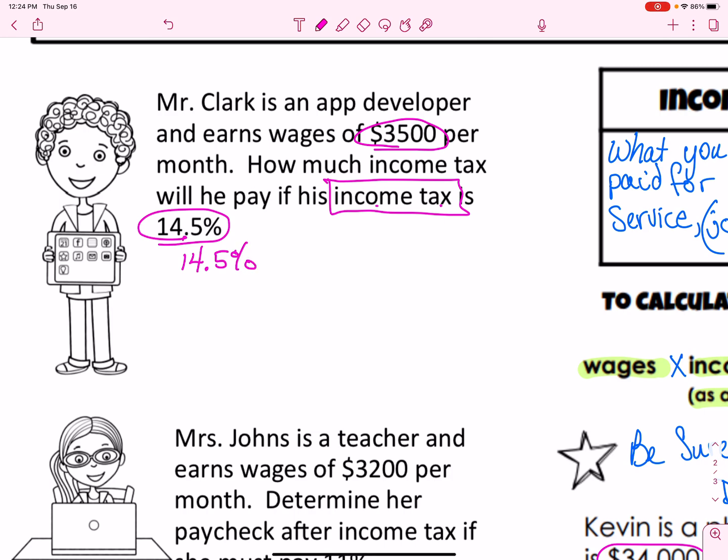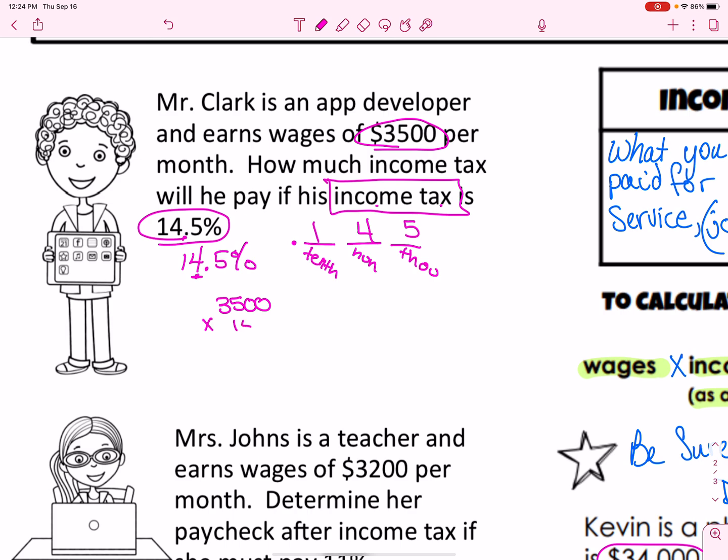Again, percent means out of 100, and this is going to go in our hundredths place. If I look at my place value, tenths, hundredths, thousandths, the 4 has to go in the hundredths because it's our last whole number. And I also have to make sure this 5 is in here. So 0.145. So I'm going to multiply that.